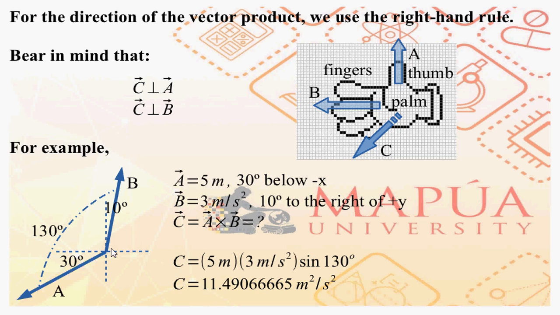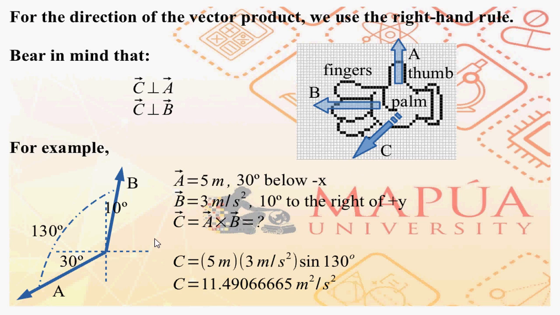First vector is A. So your thumb must be pointing in this direction, and the rest of your fingers will point in the general direction of the second vector B. And if you do it properly, your palm will face in the direction of the vector product C.